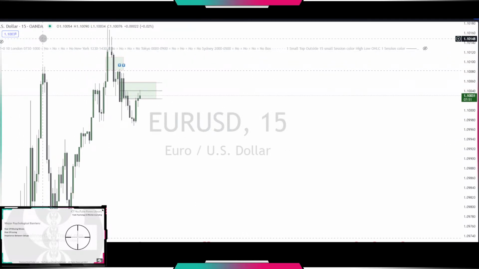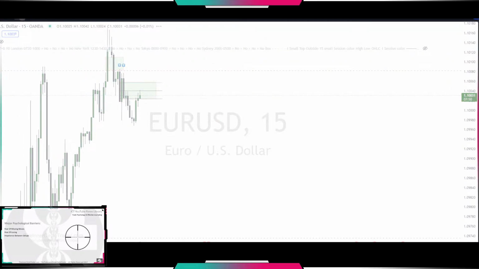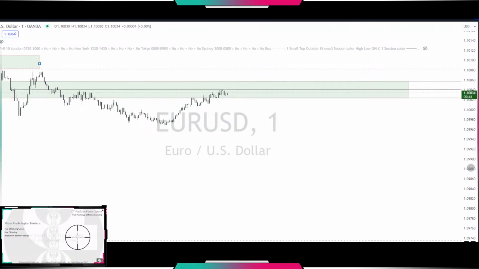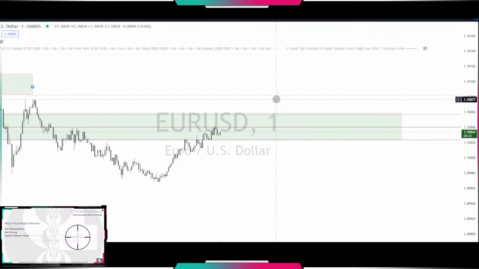Impatience between setups. This is going to come by way of infancy as a trader, especially if you have a setup that is profitable and you can be well organized, you can have a well groomed money management strategy, and you know what your setup is, but you're impatient in waiting for it. Or you see the setup forming, but you're trying to get in just before you're really supposed to.